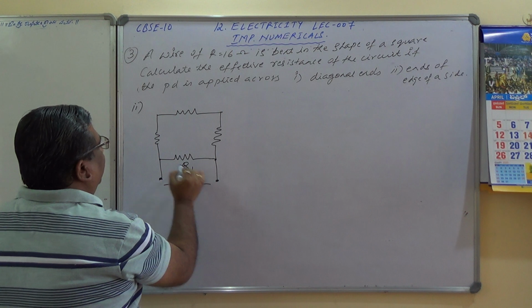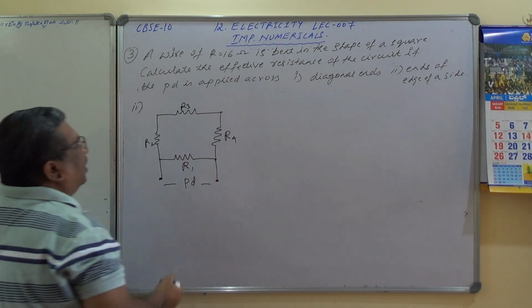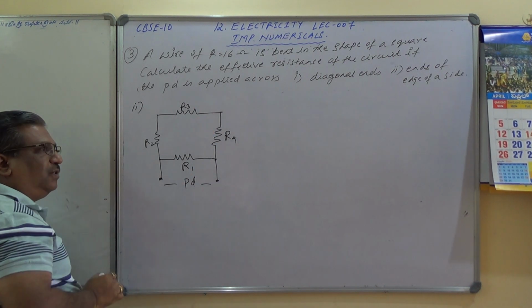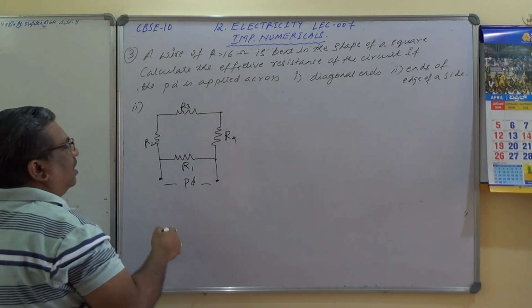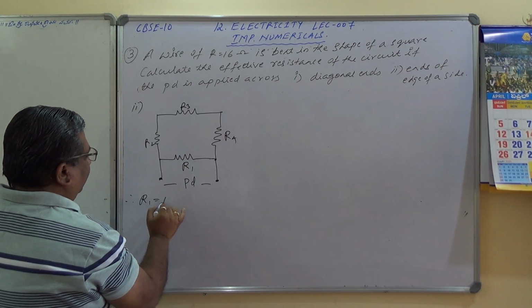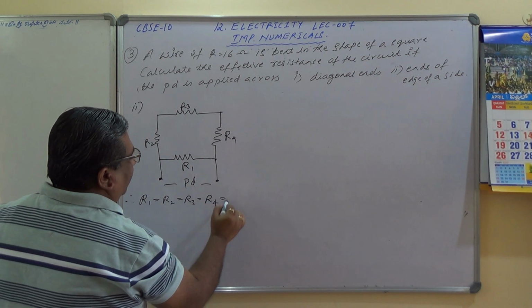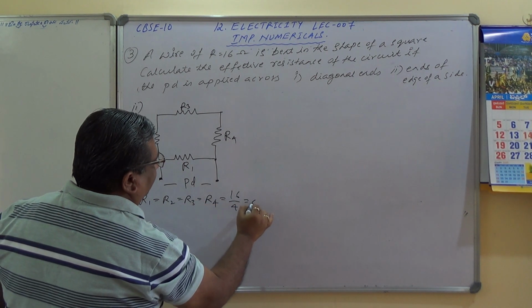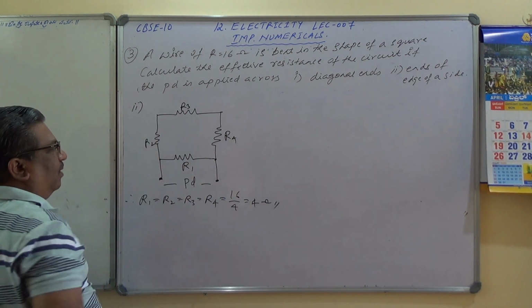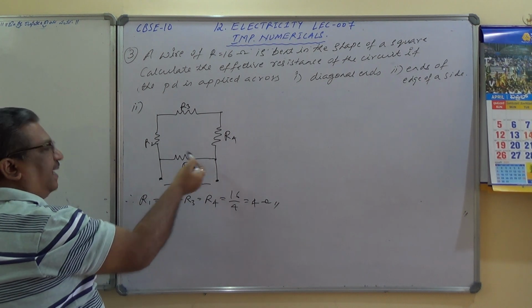Let me name this one R1, R2, R3 and R4. As the length is divided into 1/4, resistance also is 1/4 of the original value. Therefore, R1 equals R2 equals R3 equals R4 equals 16 by 4, which equals 4 ohms. Now look at this combination. Potential difference is applied across the ends of one of the sides here.